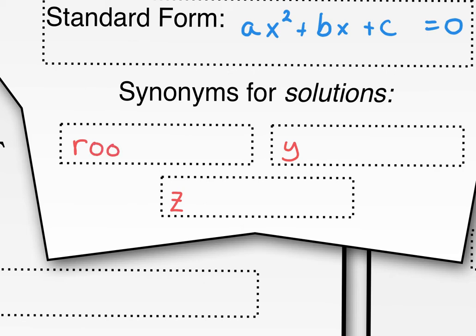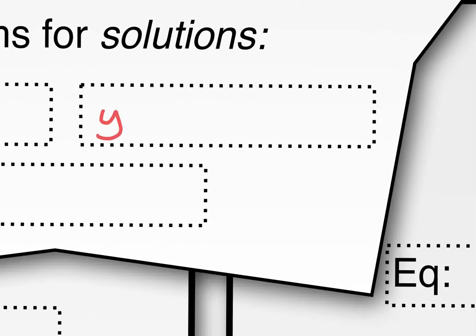And it might be called the roots of the equation, or sometimes the roots of the function. I think the roots of the equation. Why? Because we're taking the square root-ish. Not entirely, but that's kind of what we're doing. So roots, R for roots.